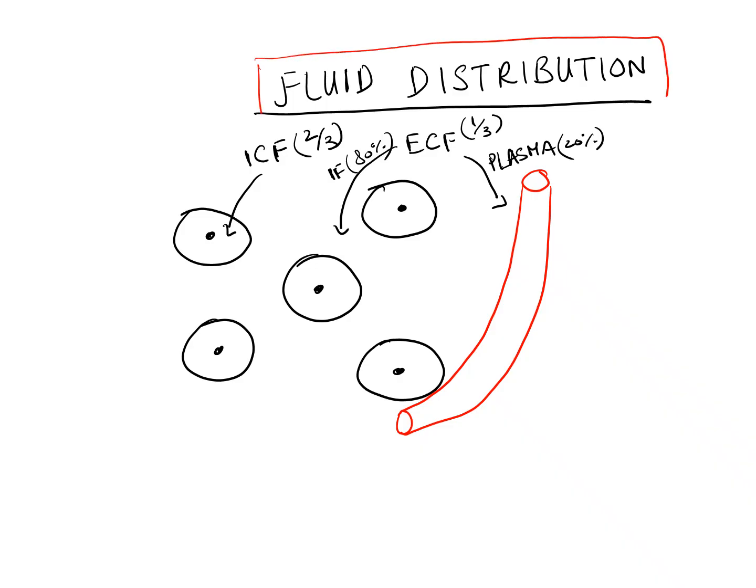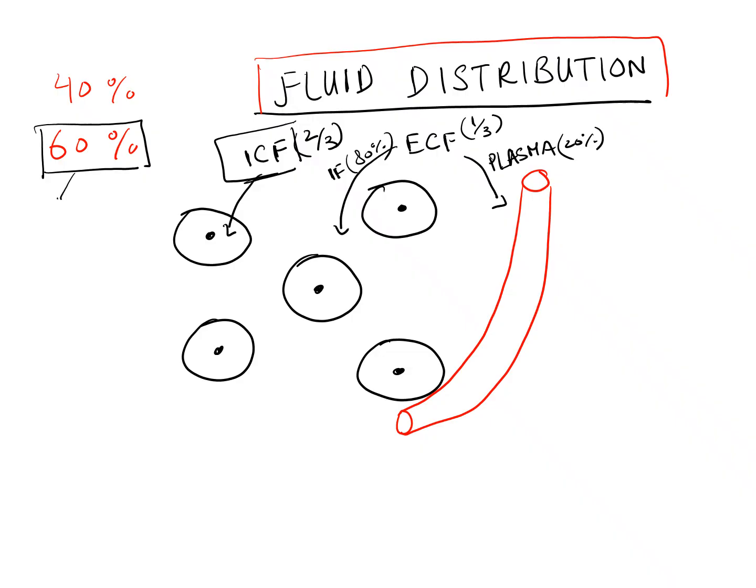If we look at our body, it is 40% mass and 60% water. If we look at the distribution of water, which we discussed in our previous video, out of the 60% of water, two-thirds is present in intracellular fluid, which is inside the cell.